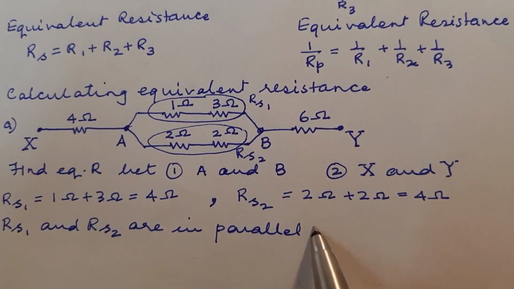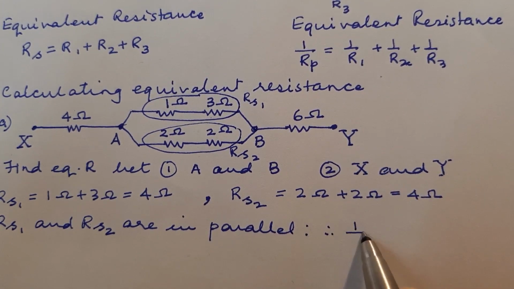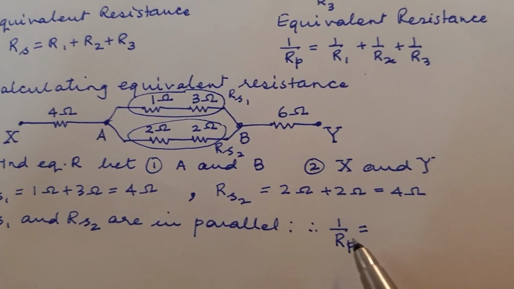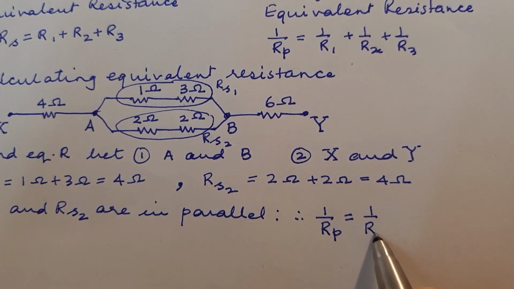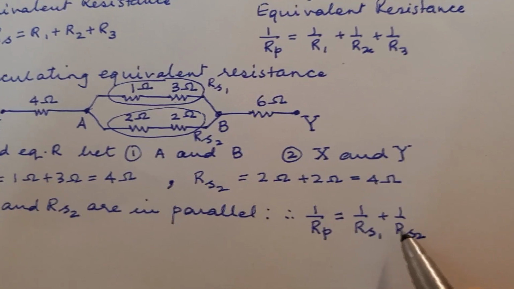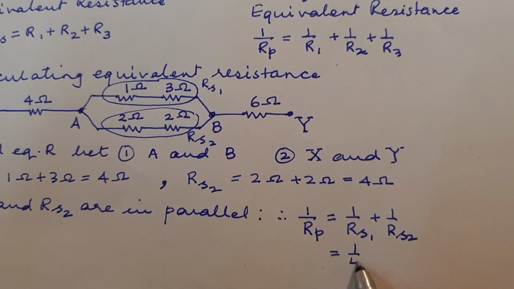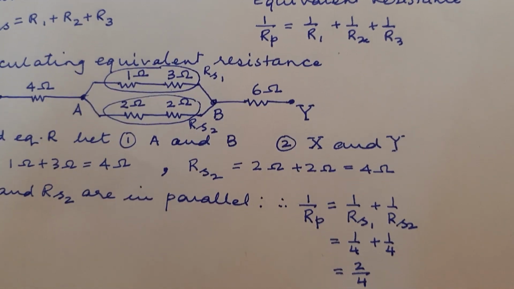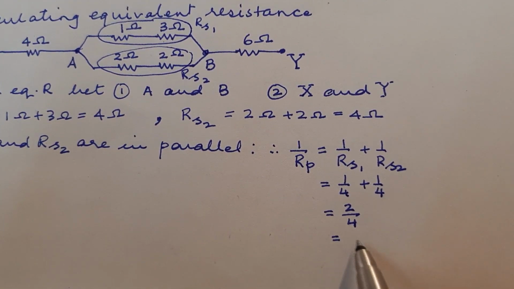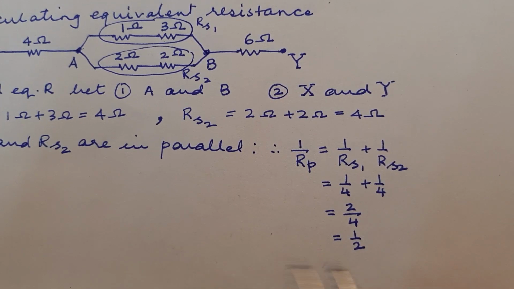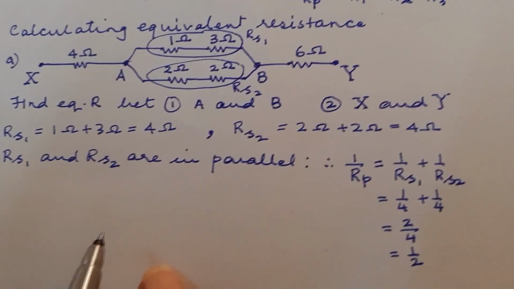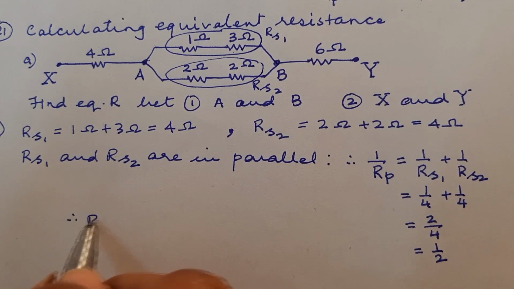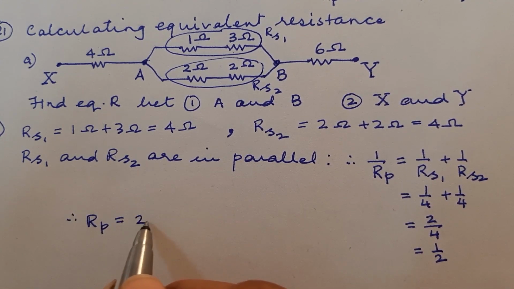And so you will say, therefore 1 upon Rp will be equal to 1 upon RS1 plus 1 upon RS2, which in turn will give me 1 upon 4 plus 1 upon 4, which will give me 2 upon 4, which is 1 upon 2, and therefore Rp has come out to be 2 ohm.